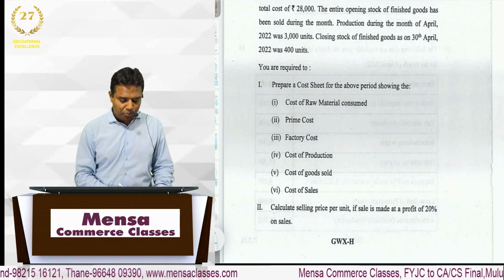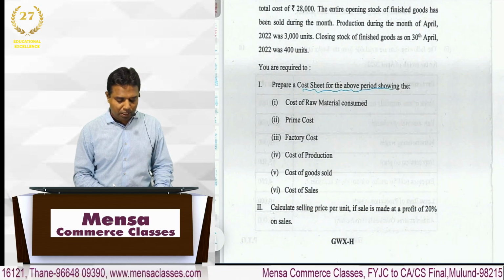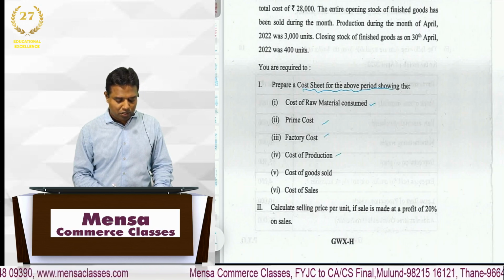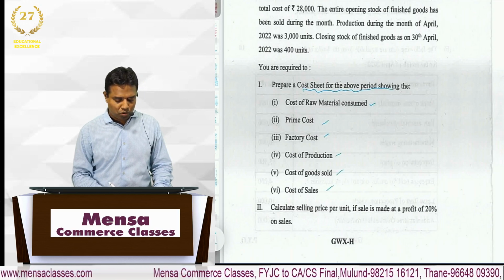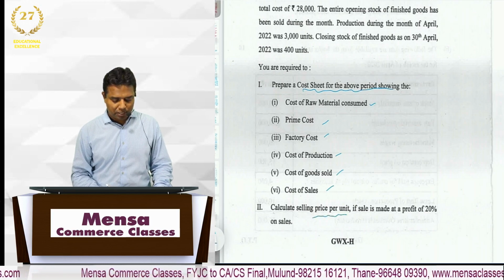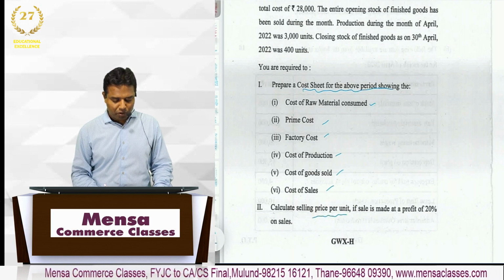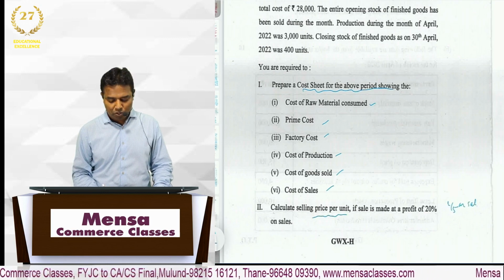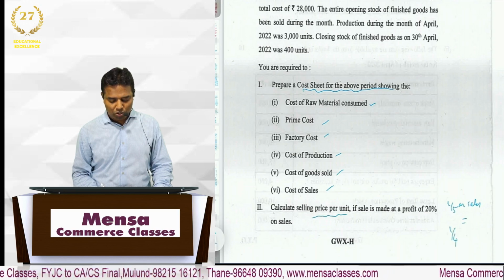You are required to prepare a cost sheet for the above period showing cost of material consumed, prime cost, factory cost, cost of production, cost of goods sold, cost of sales. Then calculate the selling price per unit if the sales is made at a profit of 20% on sales. So 1/5 on sales, which will be equal to 1/4 on cost.